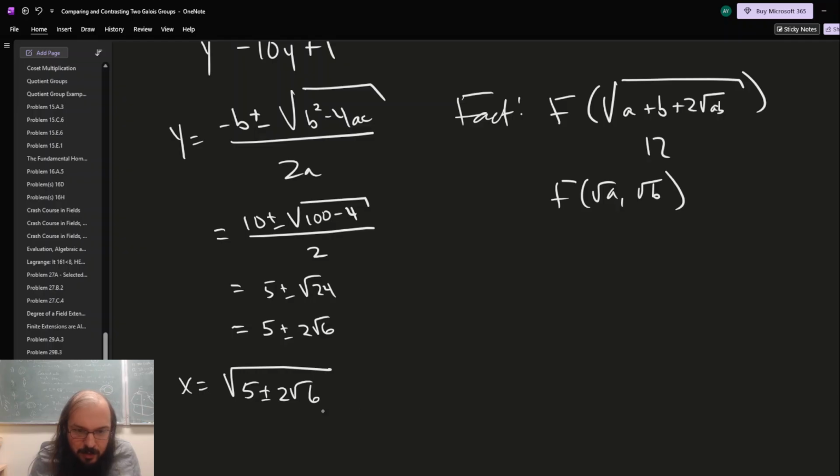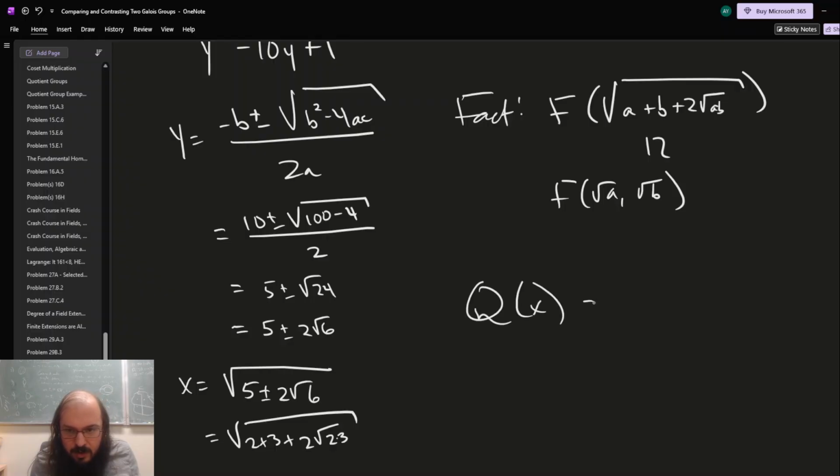And so inspecting this, I can see that this is 2 plus 3 plus 2 square root of 2 times 3, right? It's of that form, which means that if I take Q and I adjoin this x, it is actually exactly the same as adjoining square root of 2 and square root of 3 separately.